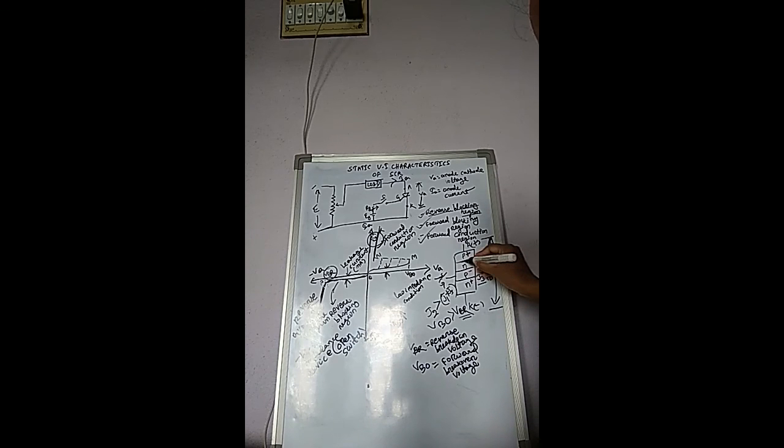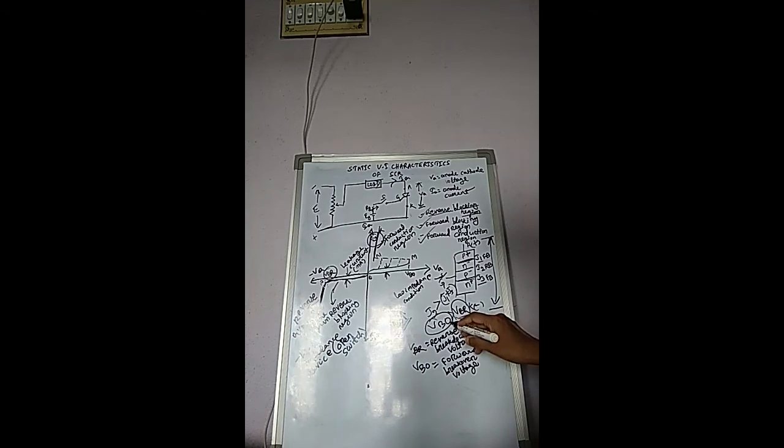So if the thickness is minimum here, obviously the voltage required to reach the avalanche breakdown is lesser as compared to this VBO. That's why the voltage VBO is higher than the voltage VBR.